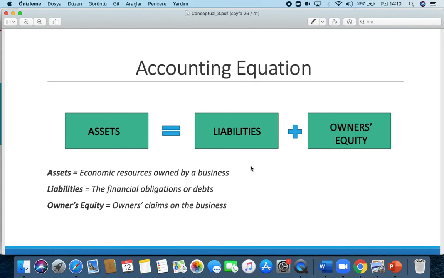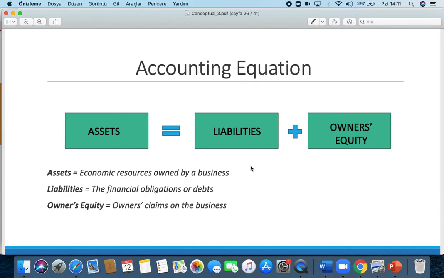So the inside, we have assets, okay? Actually, this is not a good definition, but I am trying to conceptualize this in your minds, okay? Of course, there are technical definitions. For example, you can read it here. Assets are the economic resources owned by a business. Actually, this is not the formal definition.